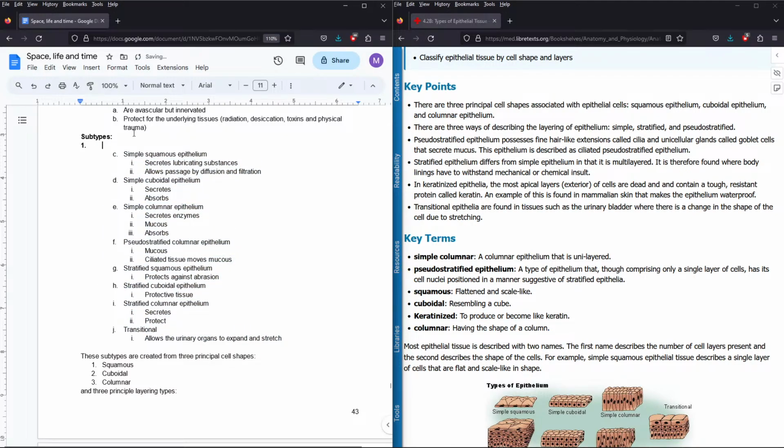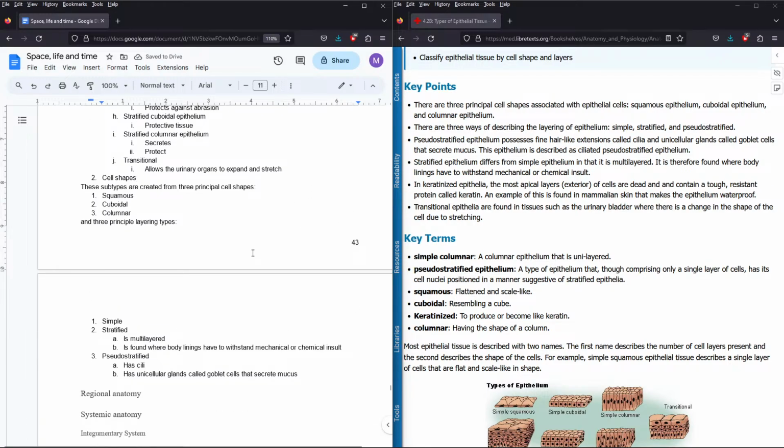Honestly, first we'll have basic functions. Then we will have over here cell shapes. These are the shapes.